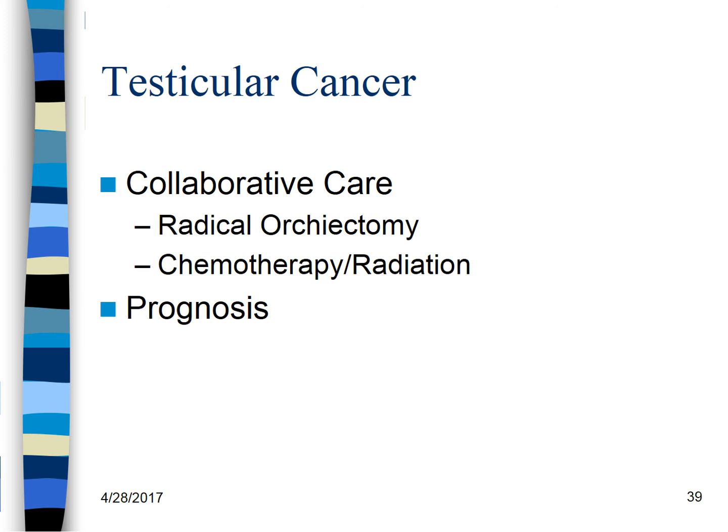So prognosis has been improved. There is a 75% cure rate with early detection, and that's why these clients must have regular follow-up. And you may want to recommend sperm banking because sperm collection should be done before radiation or chemo or a radical lymph node dissection if the client is younger and may want children someday, because it's not guaranteed that their sperm count will increase to where they could have a child.